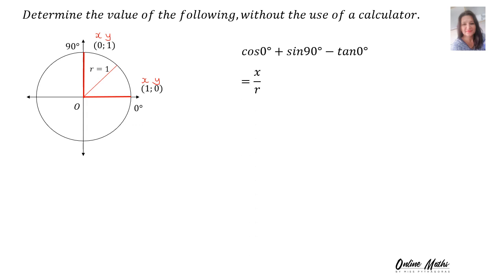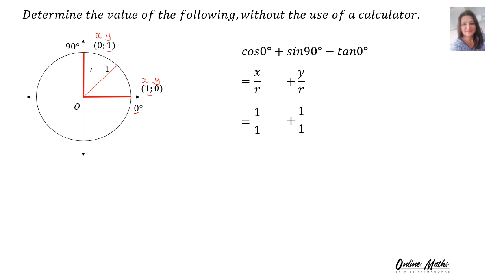Cos's ratio is x over r. So we go to 0, and the x there is 1, and the r is 1, because it's a unit circle. Then, plus sin 90. Sin's ratio is y over r. We go to 90. The y there is 1 over 1, because the r is 1.